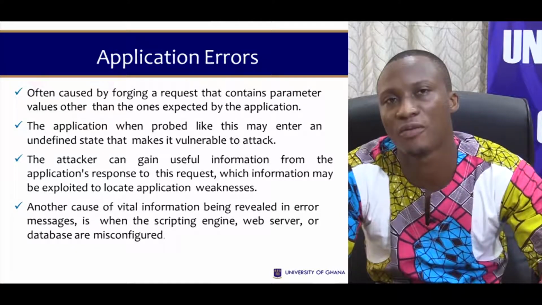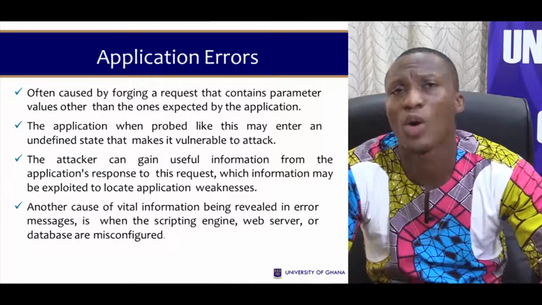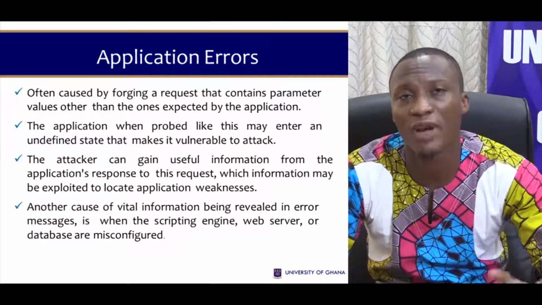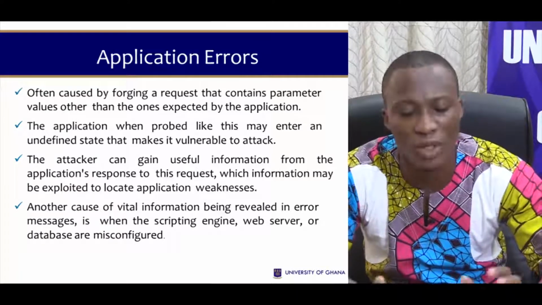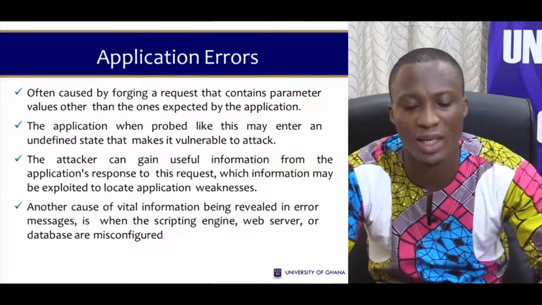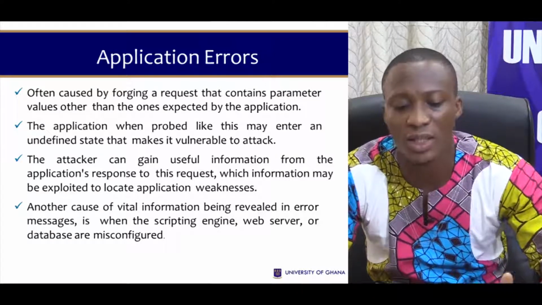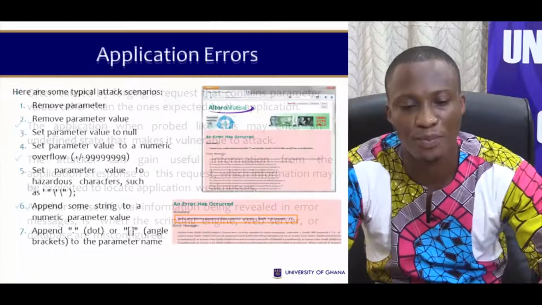Another cause of vital information being revealed is in error messages, because once the error message contains very vital or sensitive information, the attacker is able to sniff that information out and use it against the user. And this is when the scripting engine, web server, or database is misconfigured.